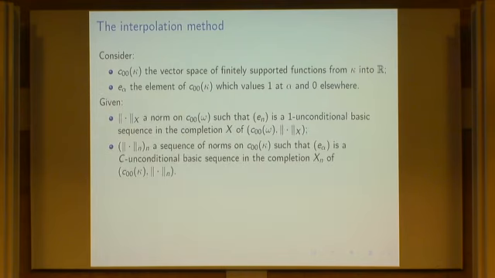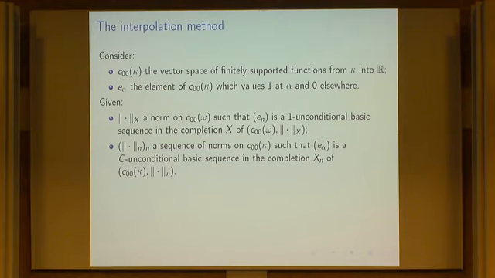And then I have a norm on C00 of omega, so on the countable setting, where you have these ENs being one unconditional basic sequence, and I have the completion, so I have a Banach space.